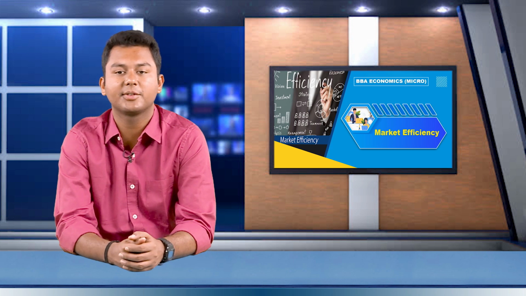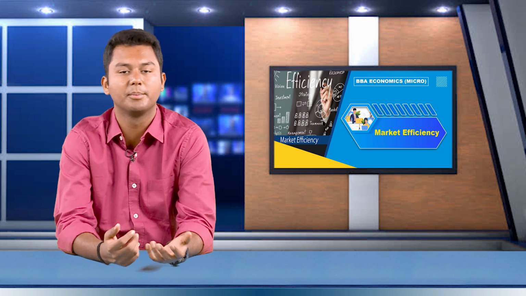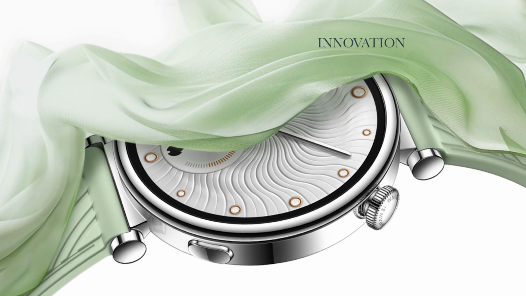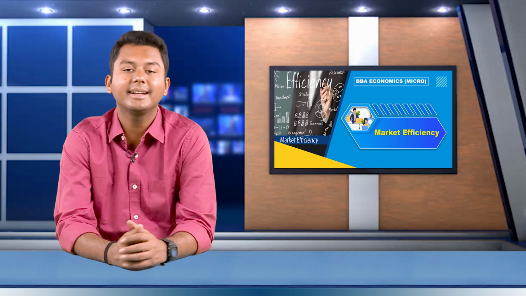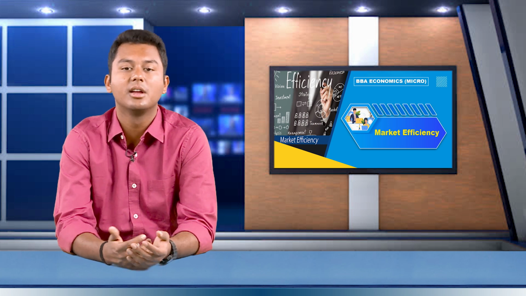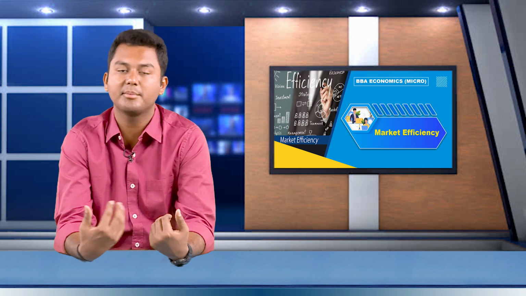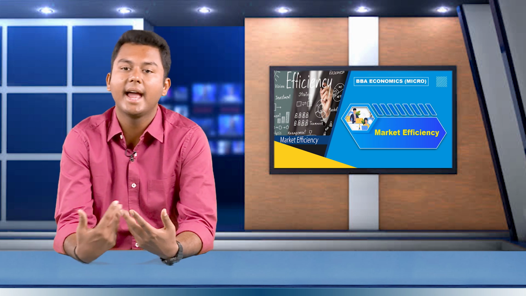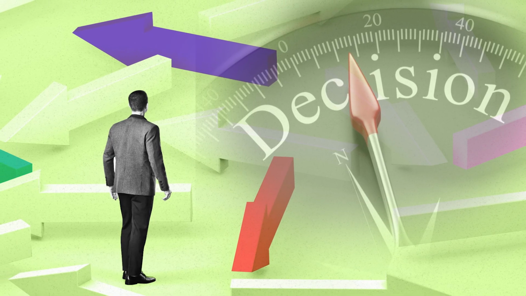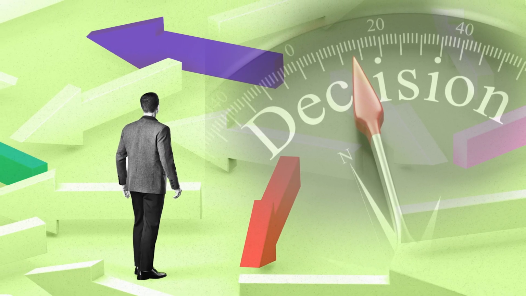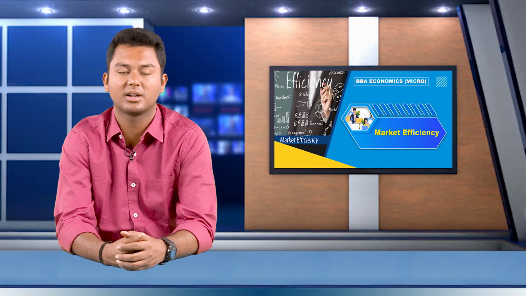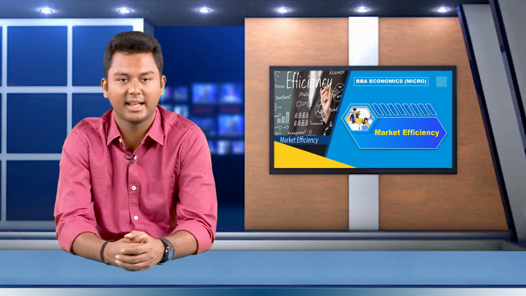Promoting innovation and efficiency, encouraging producers to improve quality, reduce costs, and offer innovative products that benefit consumers. Preventing market distortions such as monopolies or price manipulations, which can harm both consumers and producers by reducing competition and distorting surplus distribution. Providing a level playing field where market participants can make informed decisions based on transparent information, leading to fair outcomes for consumers and producers alike.